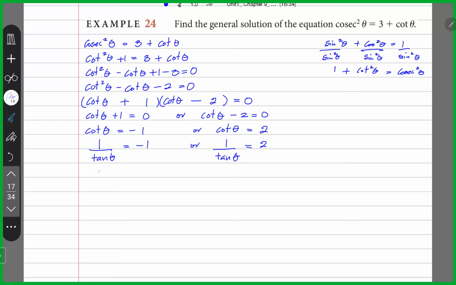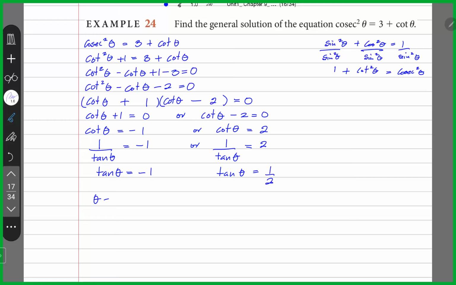This is now the same as saying, if I just simply flip the equation, tan theta is equal to still minus 1, because 1 over minus 1 is the same as saying minus 1, or tan theta is equal to a half.